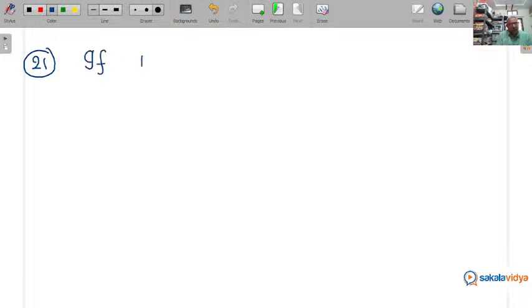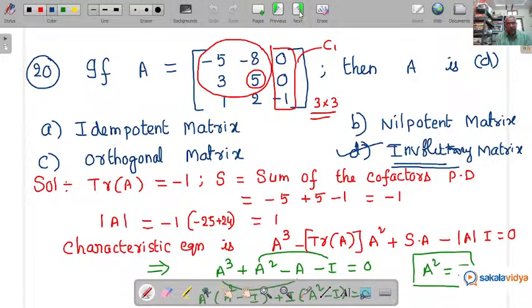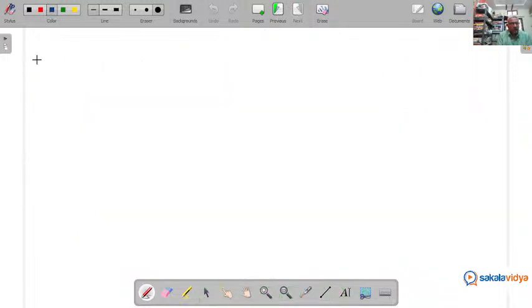If A equals cos theta, minus sin theta, next cos theta, next again cos theta. Question number 21, sorry.